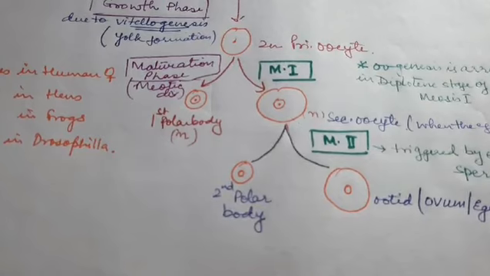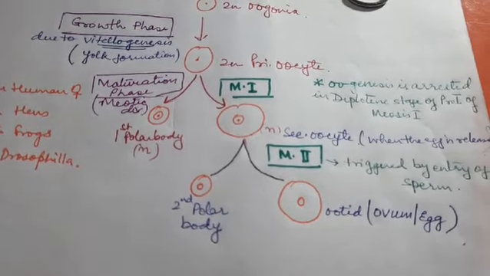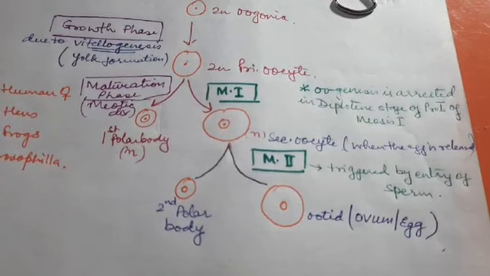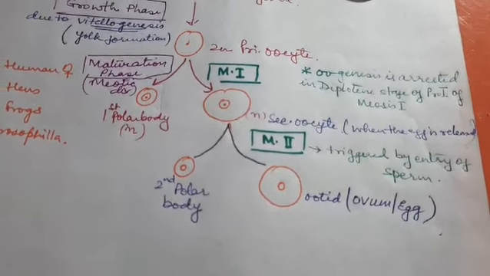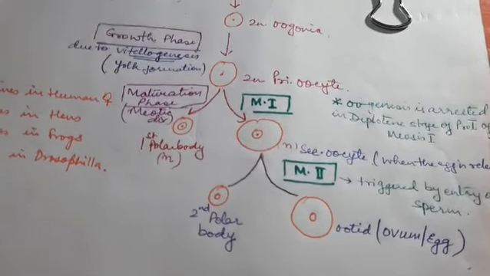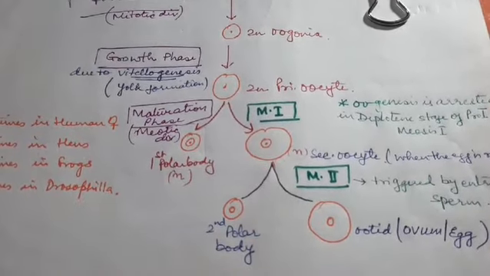So complete nourishment is in the cytoplasm which is present. So if the cytoplasm gets distributed evenly, half of the cytoplasm will go to one, and the other half will go to the other cell.